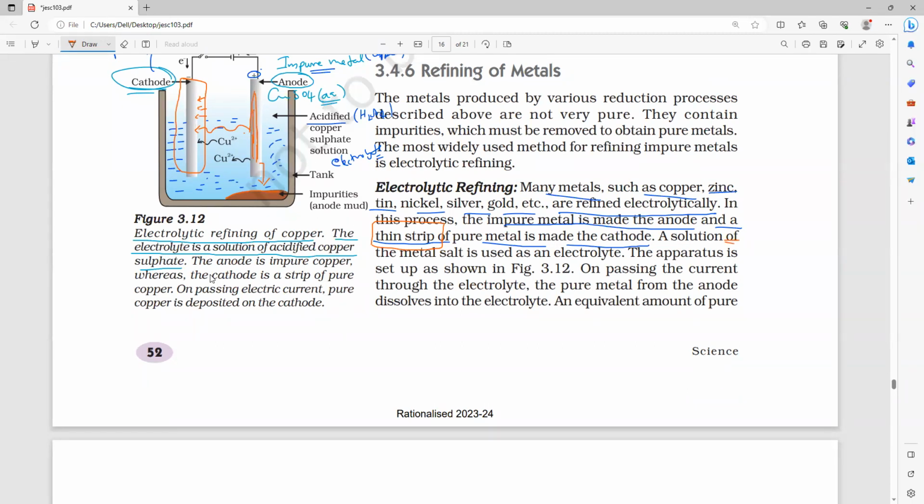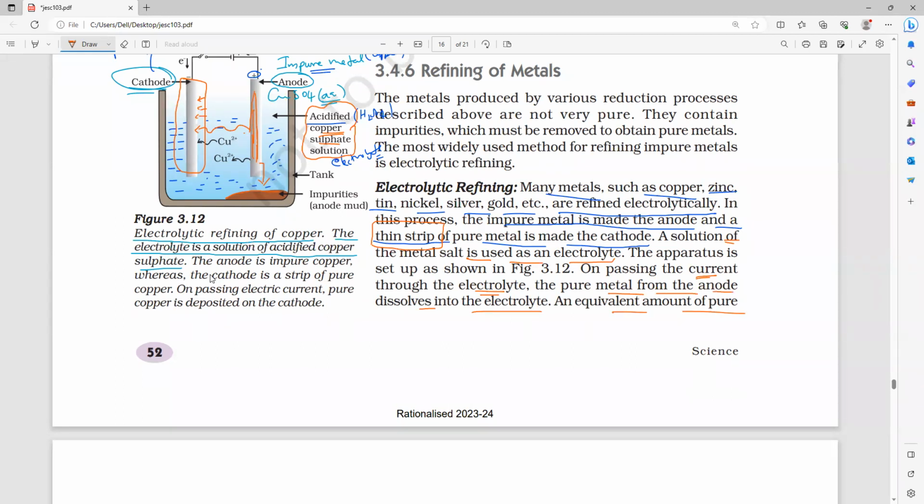So a solution of metal salt is used as an electrolyte. What is the metal salt we are using? If it is a copper extraction, what is the metal salt? Everybody. Copper sulfate solution, acidified copper sulfate solution. Understanding? So on passing the current through the electrolyte, the pure metal from the anode dissolves into the electrolyte.